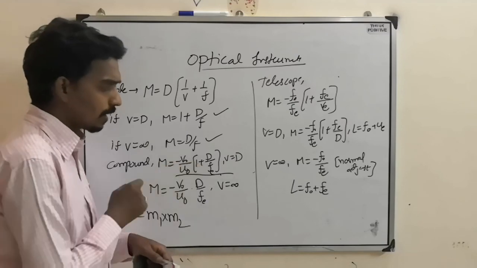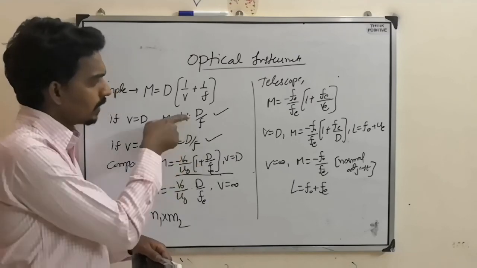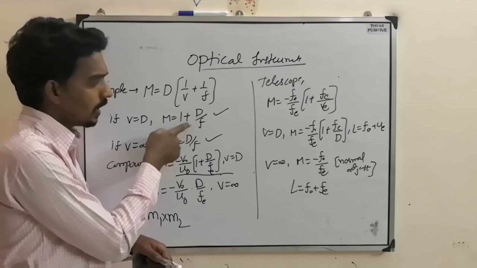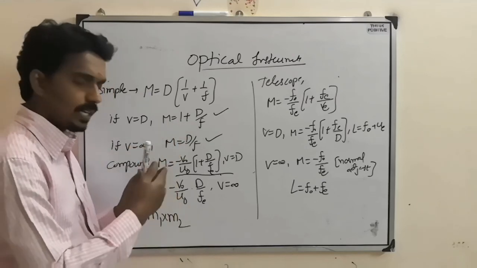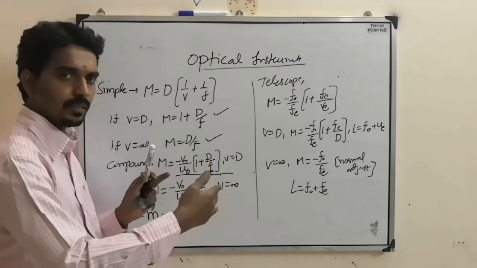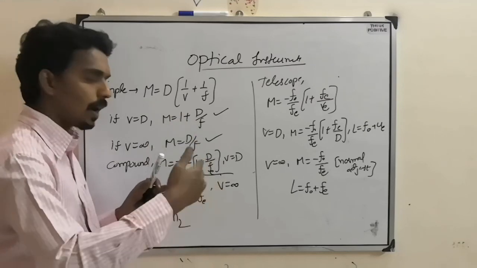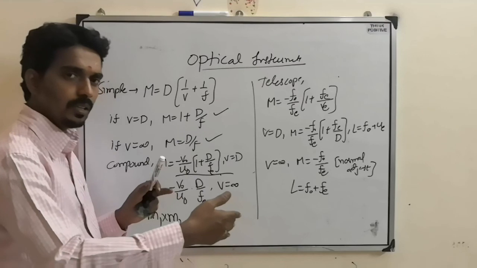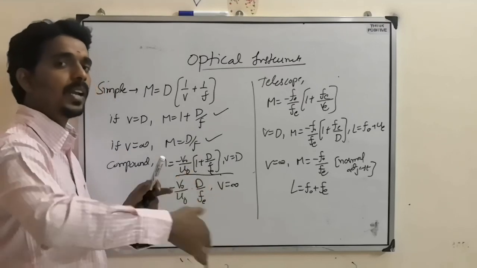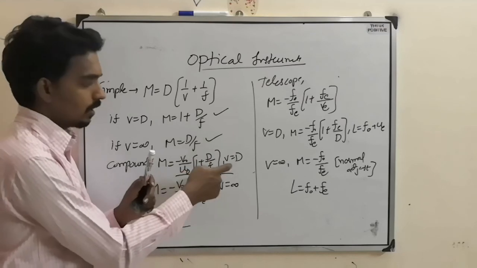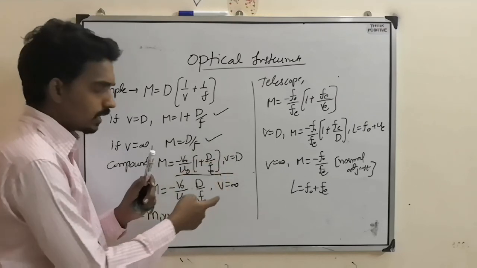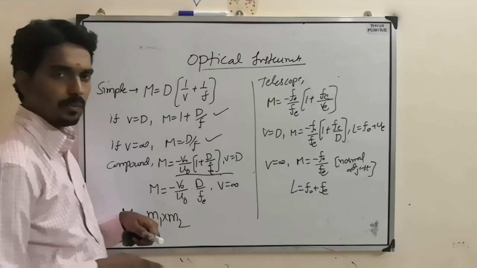Now this is the formula, same as this, because on the other side I told you first there is an object and an inverted image, and that inverted image forms closer to the eyepiece, so that you get a virtual, erect image. So the same formula we will apply. V equals D is one condition, and V equals infinity is another condition.